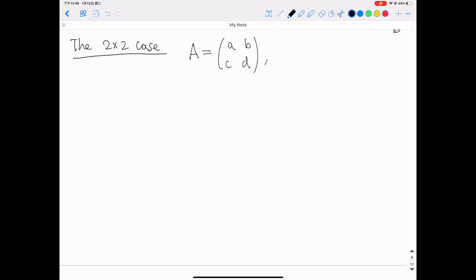Again, the purpose of the algorithm is to decide whether the matrix A is invertible or not, and if it is, what its inverse is. So to run the algorithm for this 2 by 2 matrix with entries A, B, C, D, we form this 2 by 4 matrix.